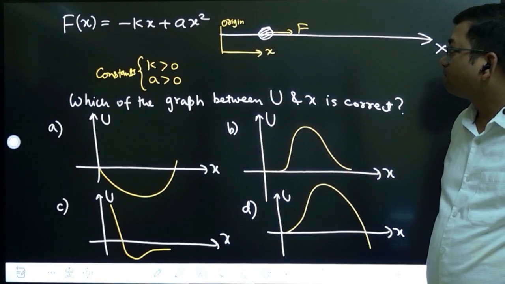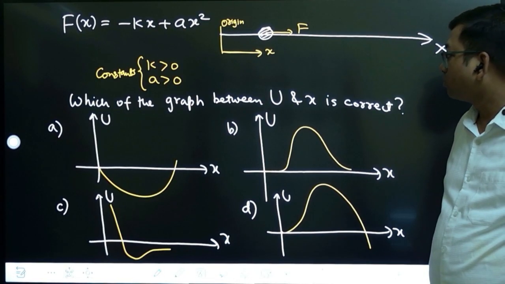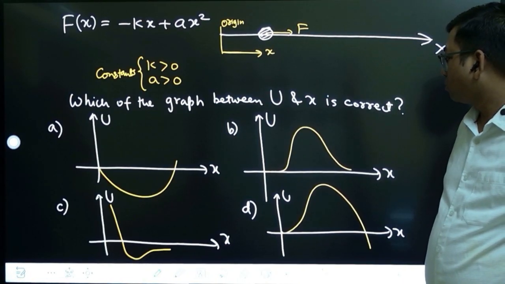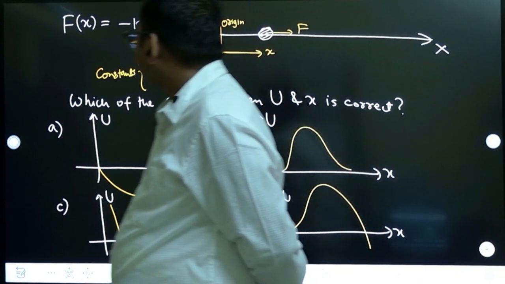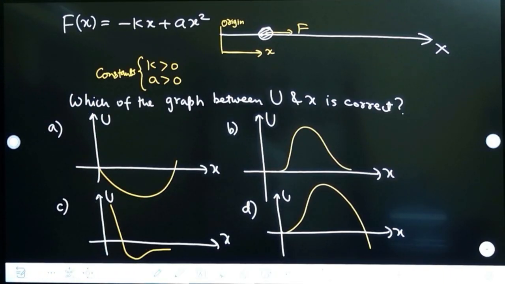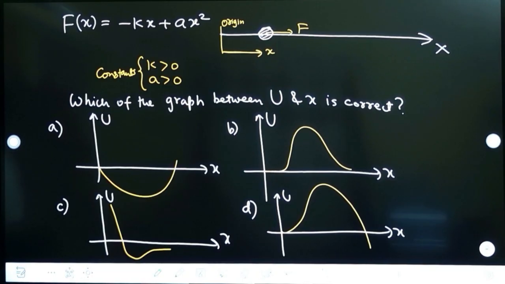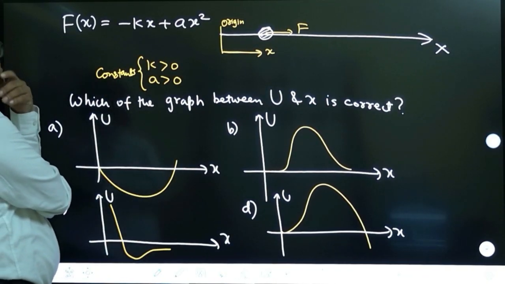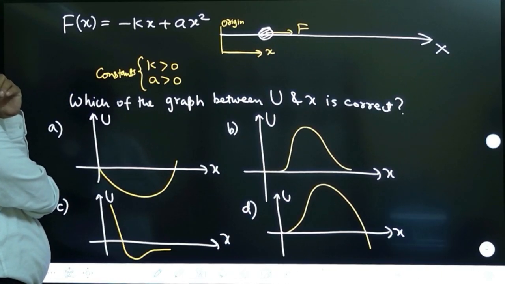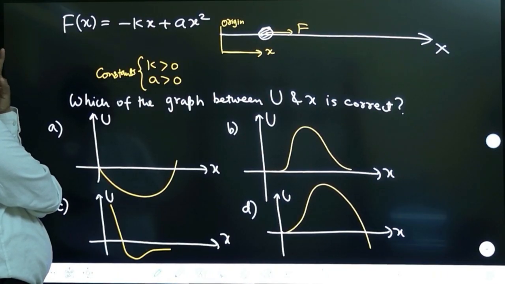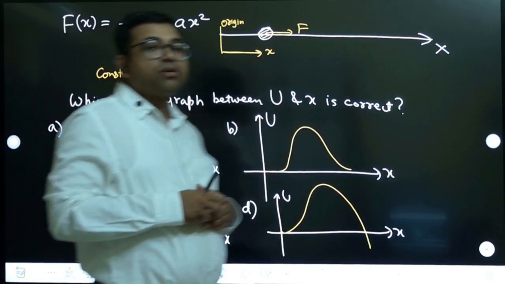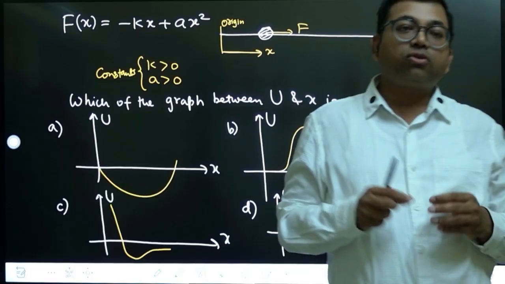Option B. How do we decide it? We can think in the reverse way also, because force is 0 means du by dx is 0.